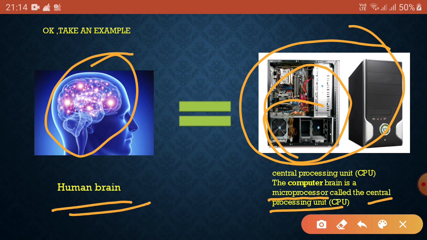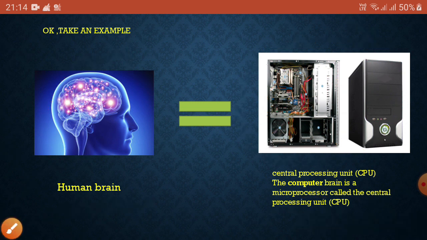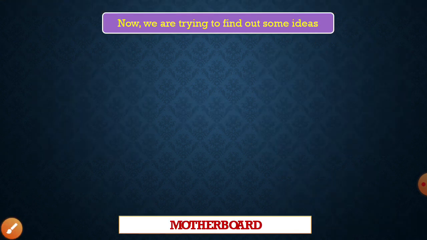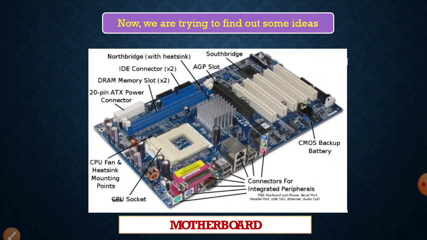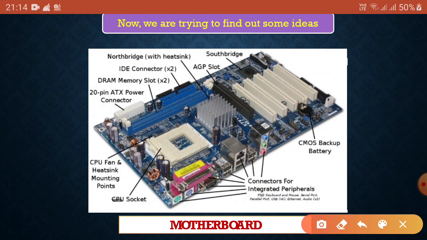Okay, let's go to the next slide. Now we are taking the motherboard. The motherboard looks like this. If you open the CPU cabinet, you will find this type of board, called the motherboard.